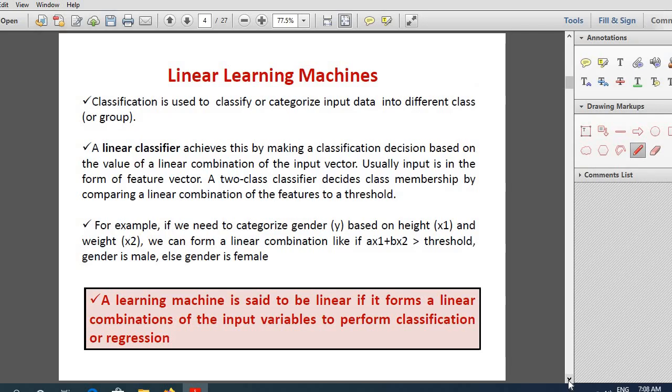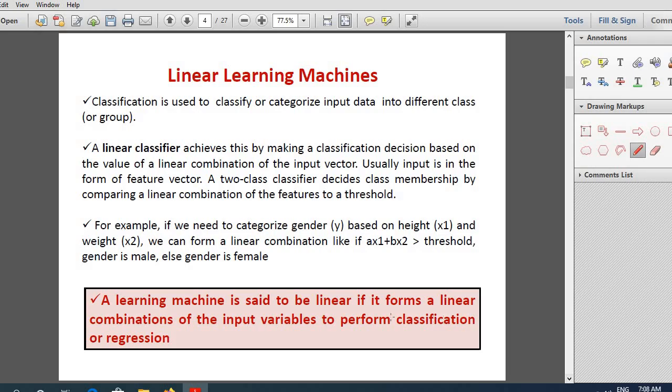Now, in the previous slide we talked about regression. Now, what is linear classification? Linear learning machines used for classification. Classification, you know, is a method for categorizing the data into different groups.